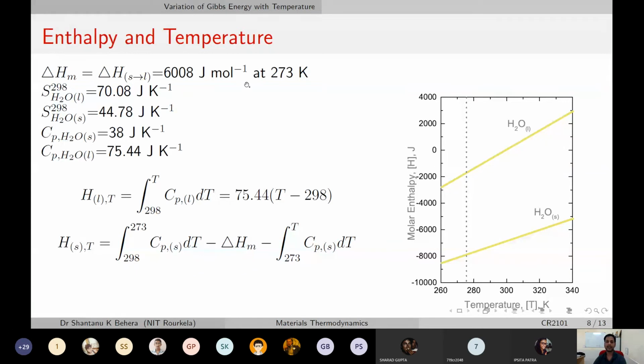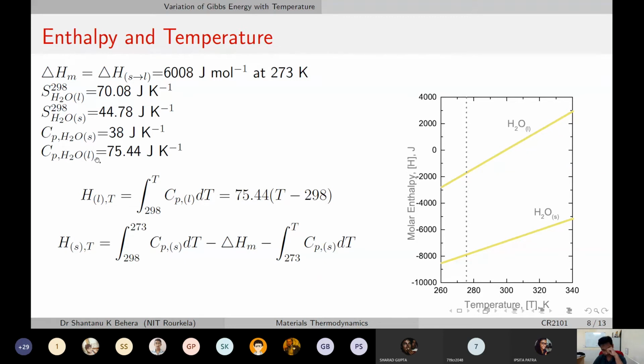And these are the numbers given. The entropy of water in the liquid state at 298 Kelvin is 70.08. The same is given for solid water at 298.